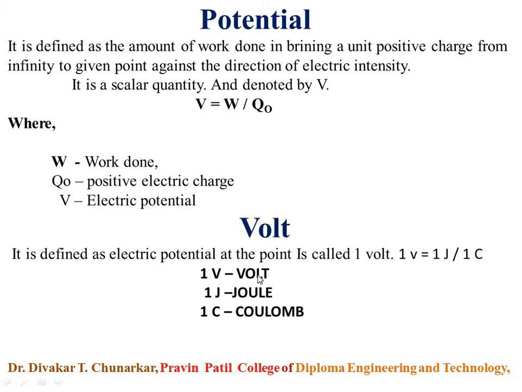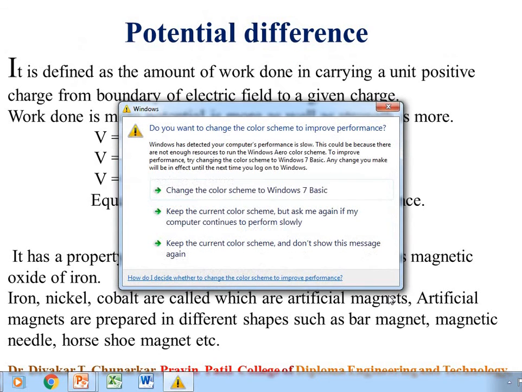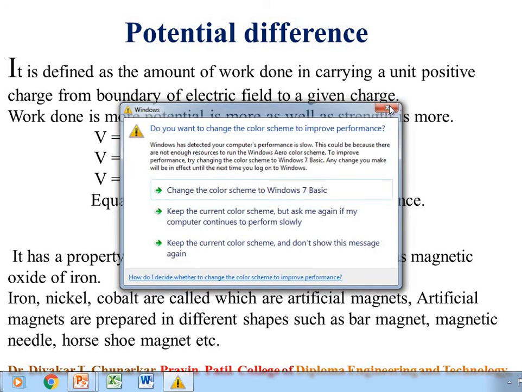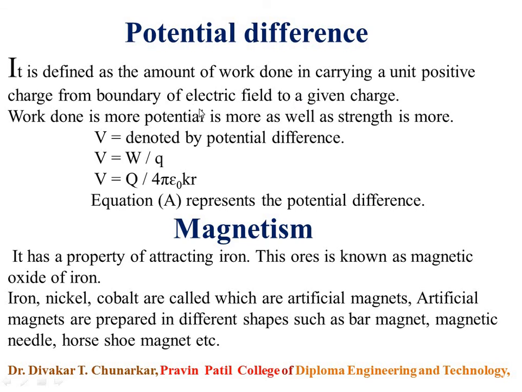So this potential difference depends on the electric potential. This potential difference is the same as potential, so the definition of potential and potential difference is slightly different.